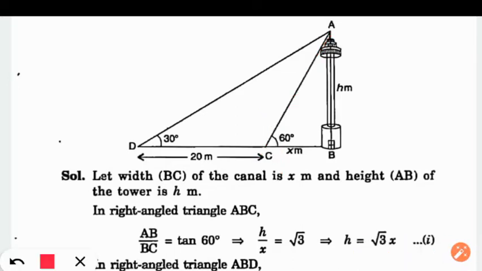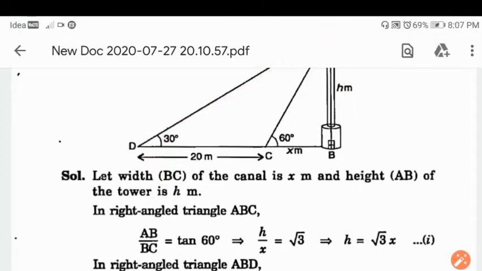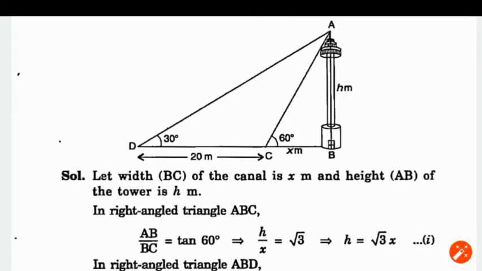Another point D is taken which is 20 meter away from point C. Again the top of the tower is seen by making an angle of 30 degree. Width of the canal means point B is on one bank and point C is on the other bank, so BC is representing the width of the canal. We are required to find BC, and then AB, the height of the tower.